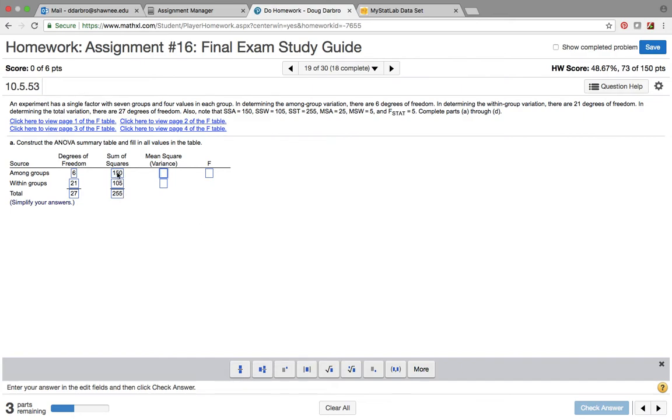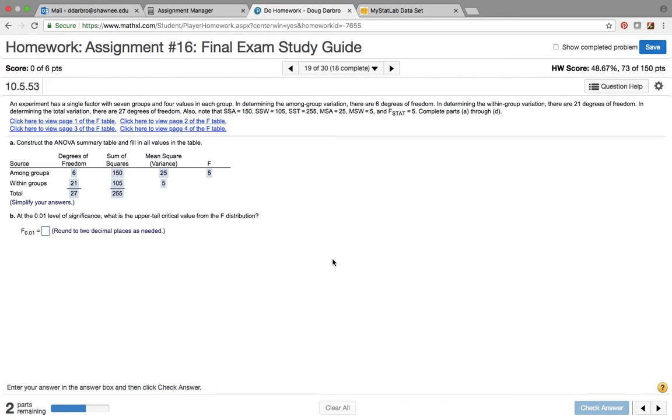So it's going to be 150 divided by 6. It's already gone ahead and done that for you and given it to you as 5. That's kind of goofy, but oh well. And then within, I'm sorry guys, that should be 25, and this should be 5. And the F statistic, of course, should be equal to 5.